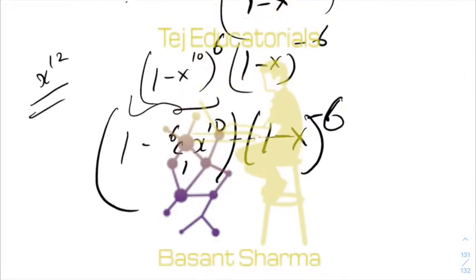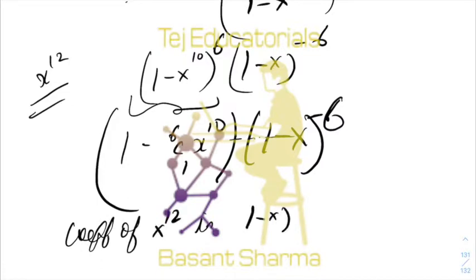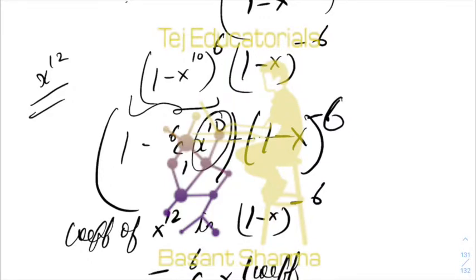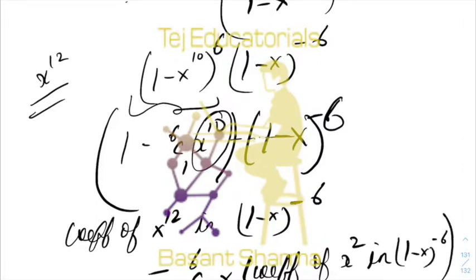So this is nothing but the coefficient of x to the power 12 in (1 minus x) to the power minus 6, minus 6c1 into the coefficient of x to the power 10 is already there, so you want the coefficient of x to the power 2 in (1 minus x) to the power minus 6.